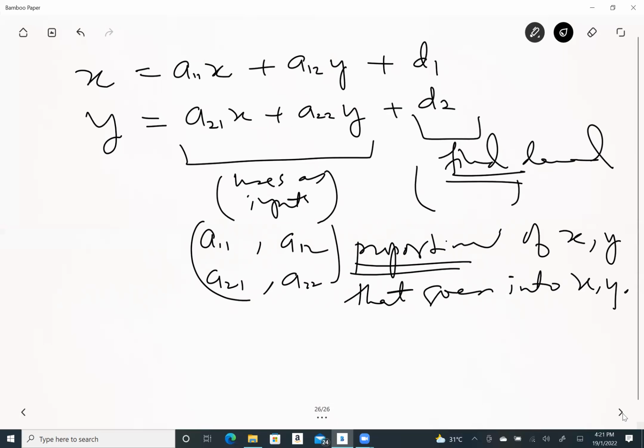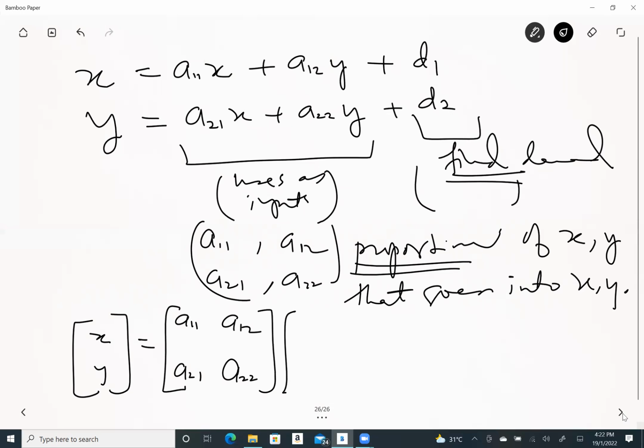Now you write that in terms of matrix. So in terms of matrix, we have X, Y equal to A11, A12, A21, A22 multiplied by X, Y, plus D1, D2. So that is the matrix form.